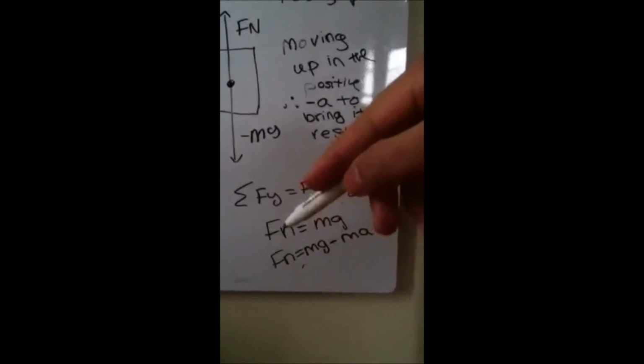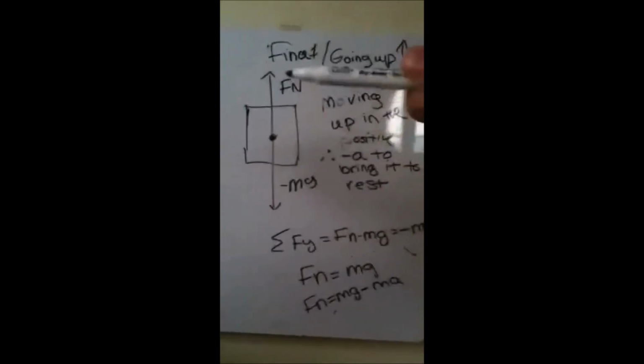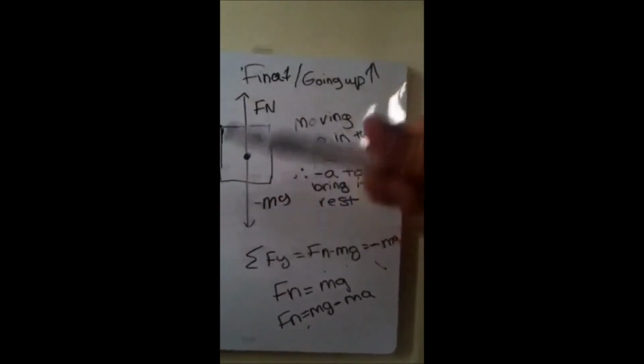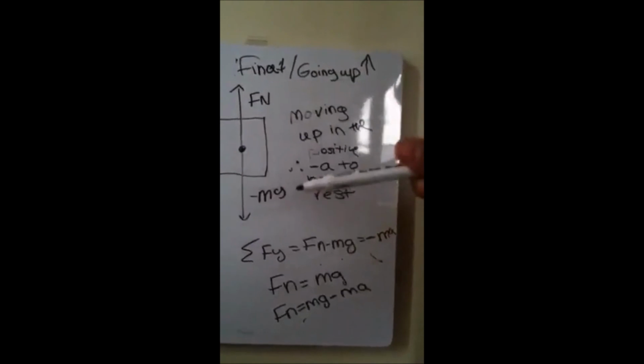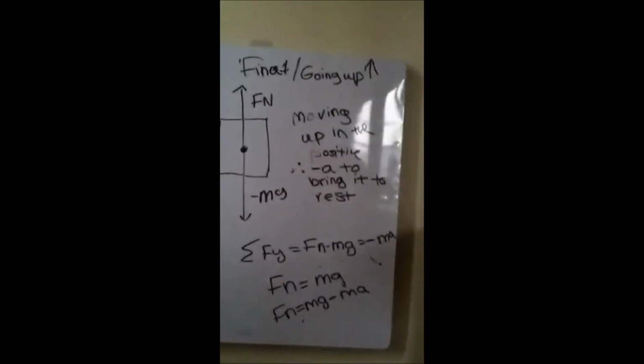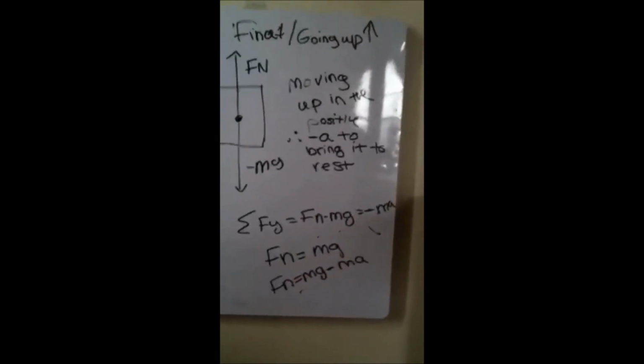So to conclude, the Fn is going to be less than the Fn of the elevator at rest, and you could see it clearly through the free body diagram and the equations.